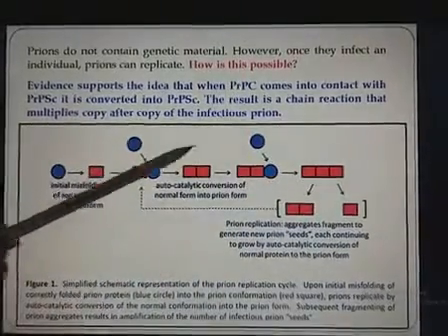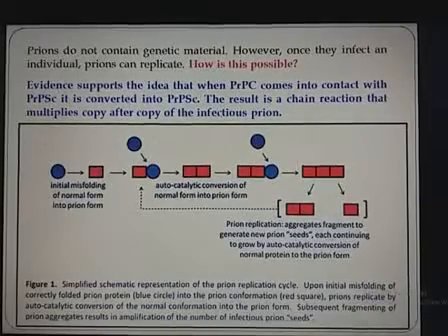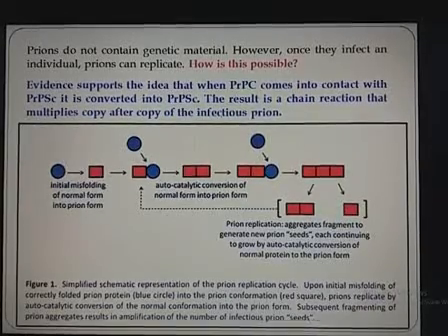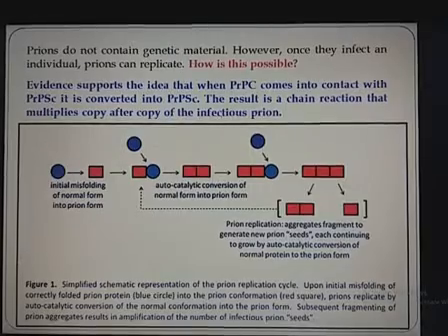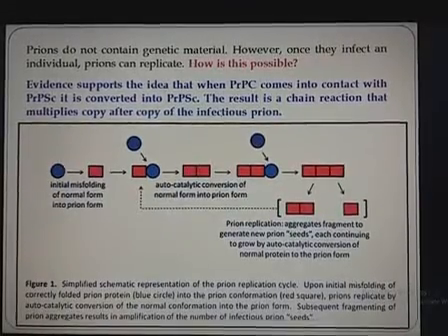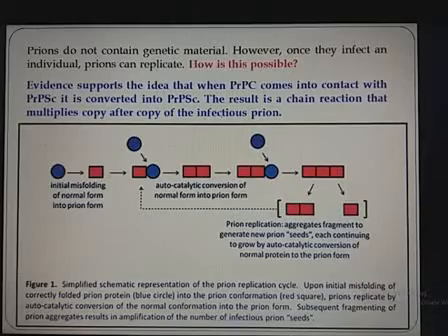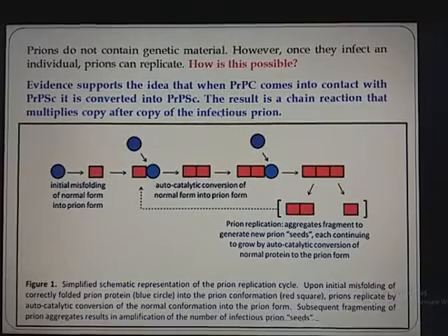Okay, so this is the process by which the normal prion gets converted into a mutated form, and when the mutated form is produced, the mutated form replicates itself by autocatalytic conversion. Okay, so this is how the mutated form of the prion, or PrPSc protein, is replicating itself by autocatalytic conversion.